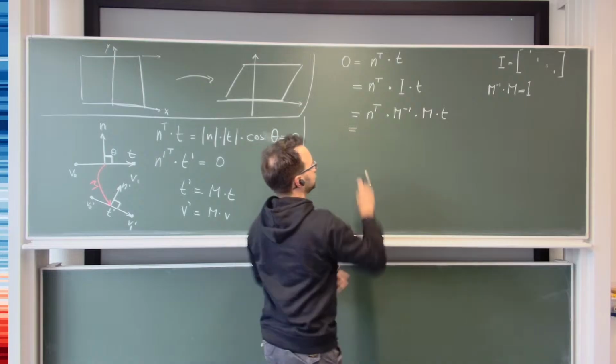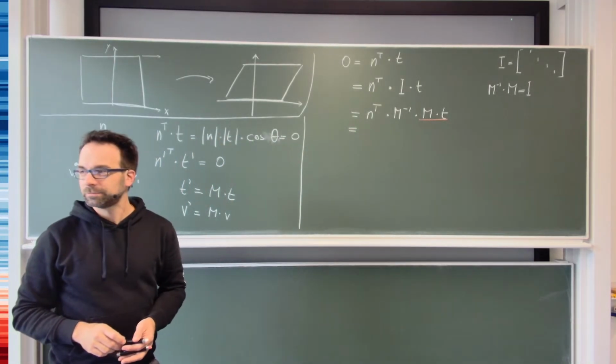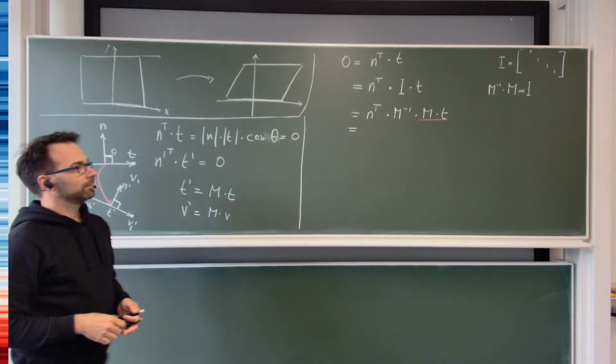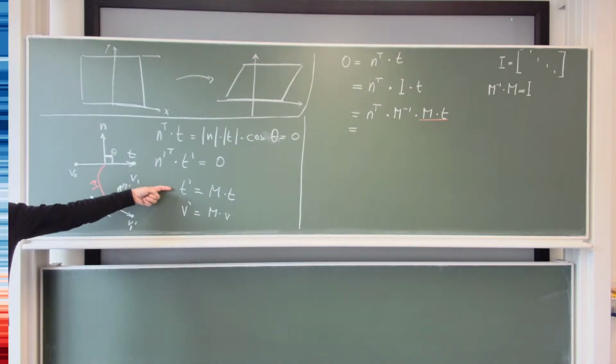Then, what is that? If we say M is the transformation matrix for which we're looking for a normal transformation matrix, that is T dash, right?